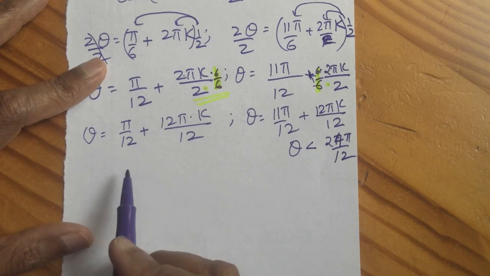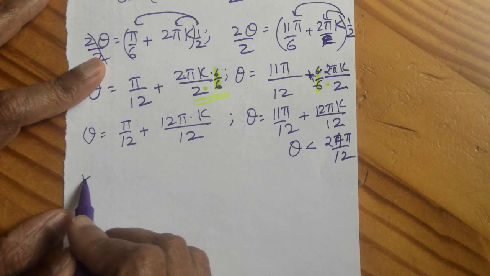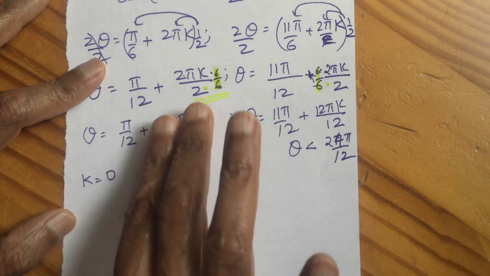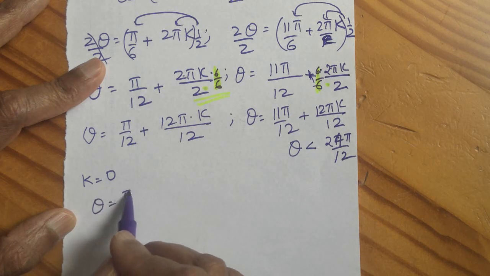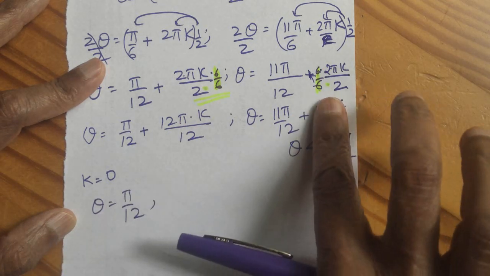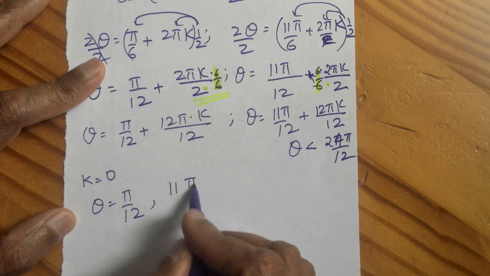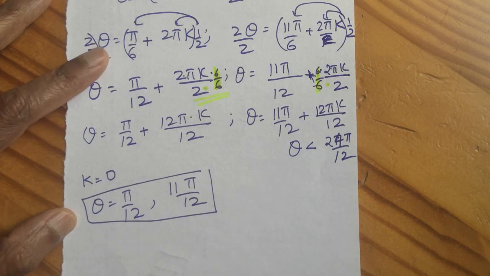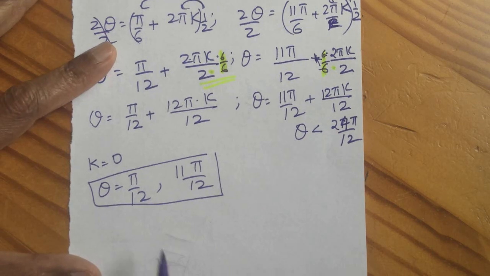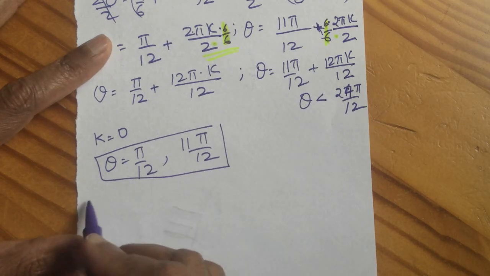Let's keep going. k equals 0, you always start with k equals 0. When k equals 0, this term is gone. So theta equals pi by 12, and 11 pi by 12. So that's one set of solutions. Let's do k equals 1.